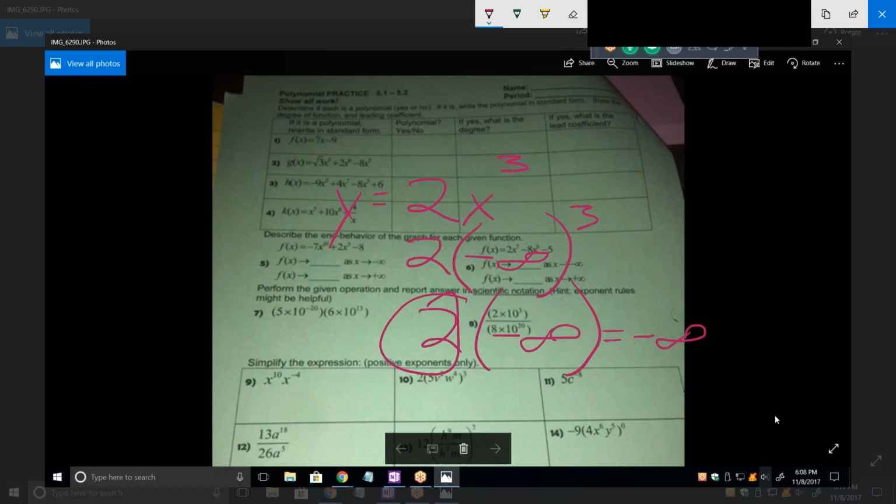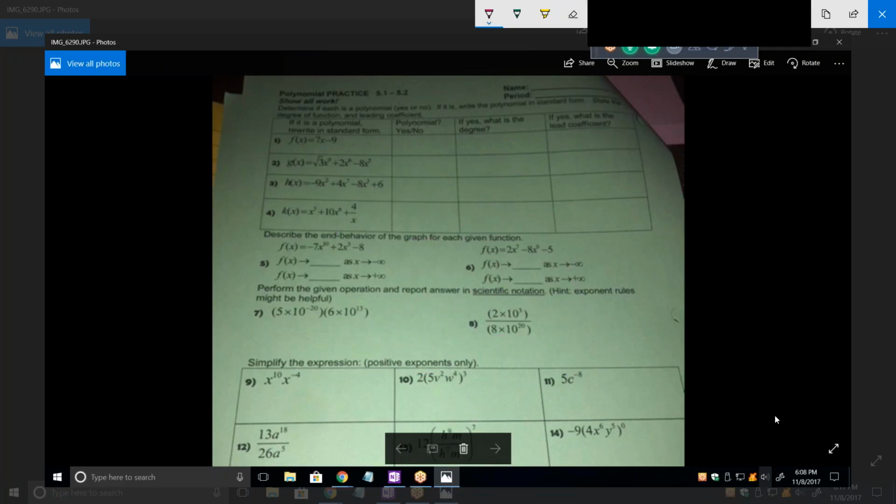So the end behavior, the left-hand end behavior, remember there's left-hand and there's right-hand. Left-hand is when x goes to negative infinity, right-hand is when x goes to positive infinity. Okay? So let's answer their questions.